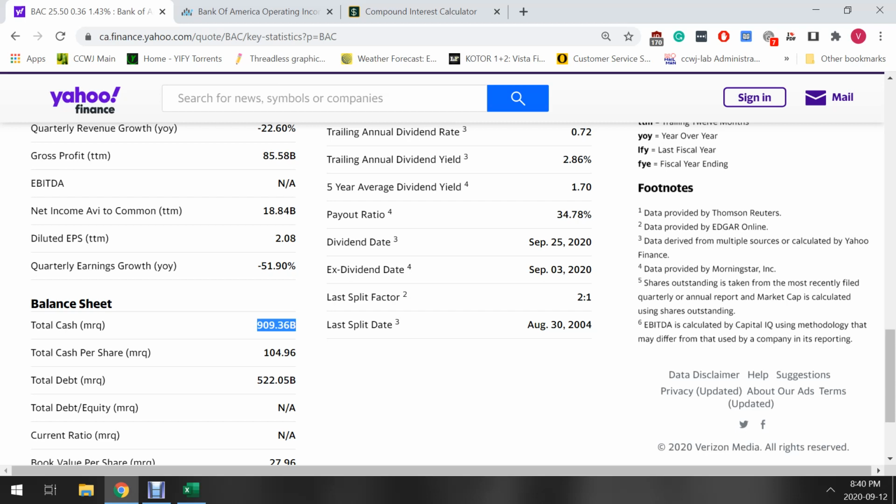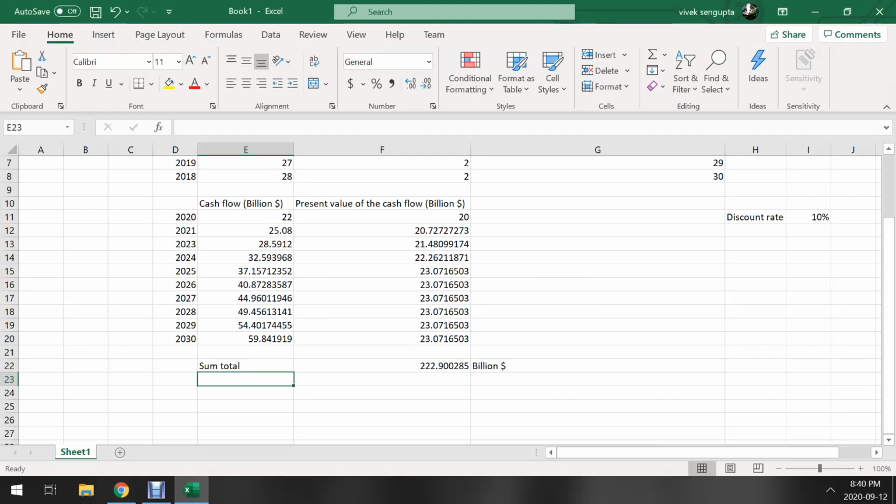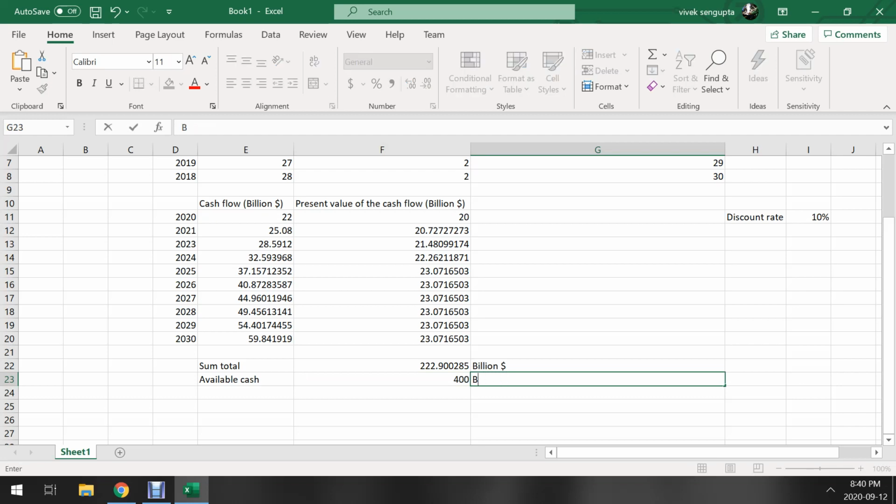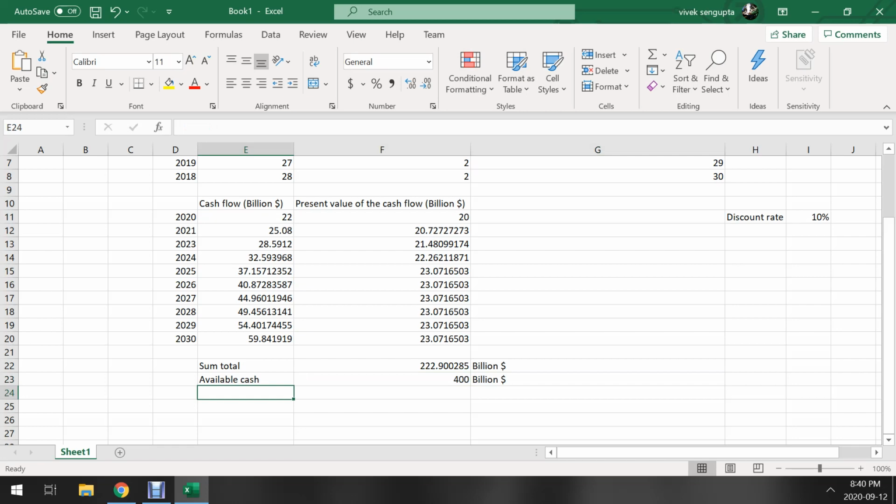But because it's a bank, you have to pay some deposits and stuff. So that cash minus this debt will be available cash, which will be around $400 billion.